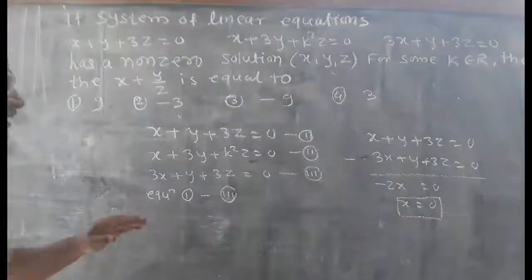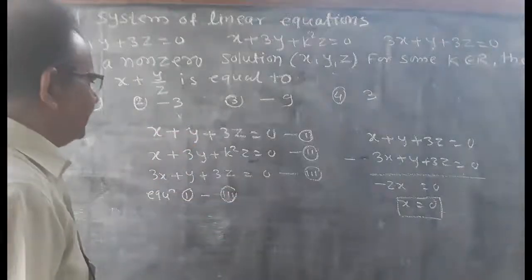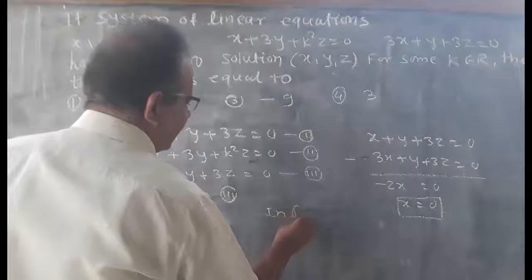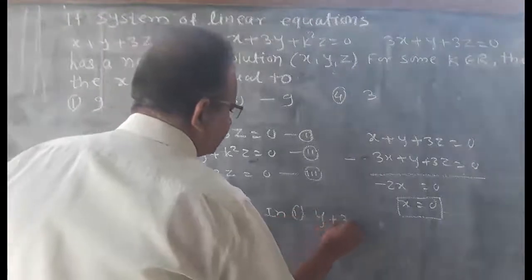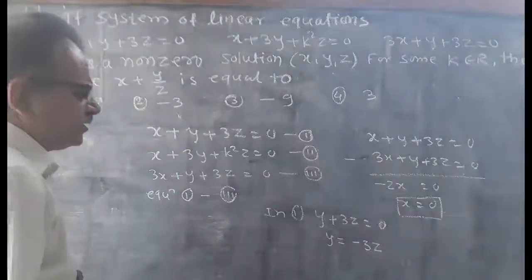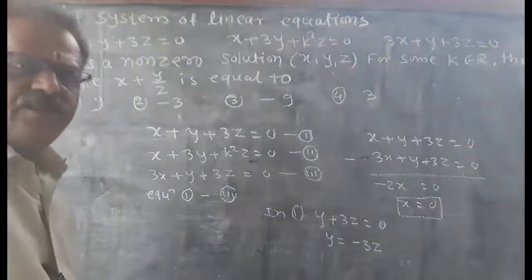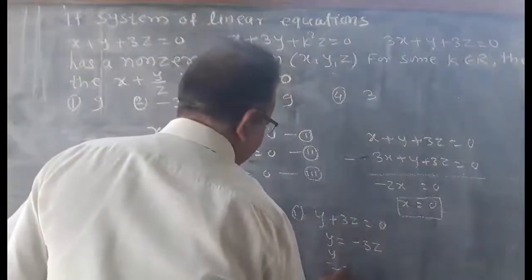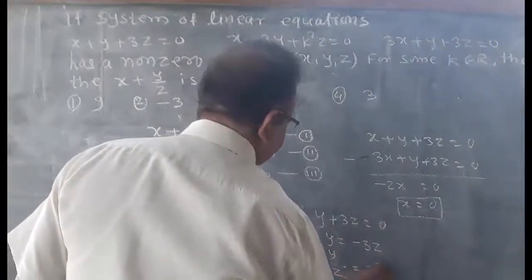And if I put this value x equal to 0 in equation 1, I will get y plus 3z equal to 0, therefore y equal to minus 3z. And hence y by z equal to minus 3.